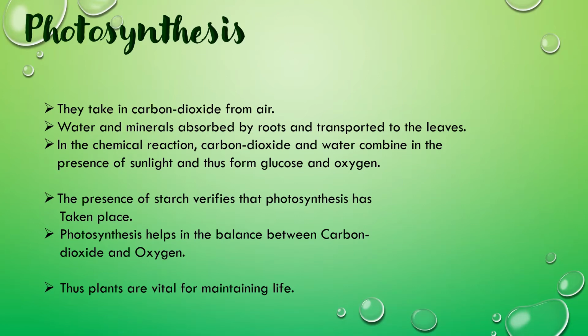Photosynthesis also keeps balance between the carbon dioxide and oxygen. It should not be more carbon dioxide or less carbon dioxide. Both should be equal. So plants are very vital for maintaining life.